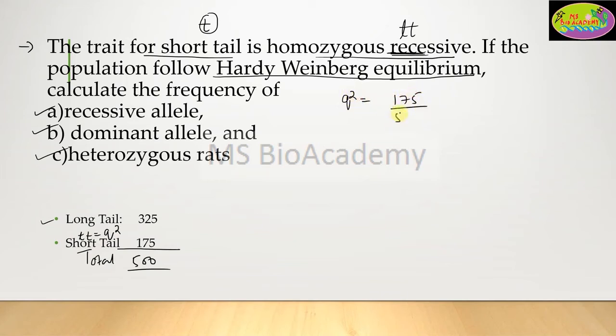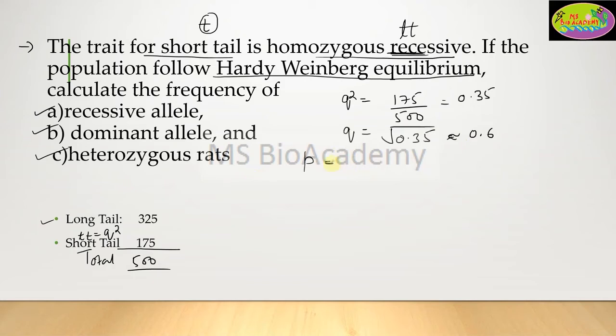So q square is equal to 175 divided by your total number. That will be the frequency. It will come to some 0.35. Now in order to calculate the value of q, we're going to find the square root of this. It will come to approximately 0.6. Now we can calculate p from this.